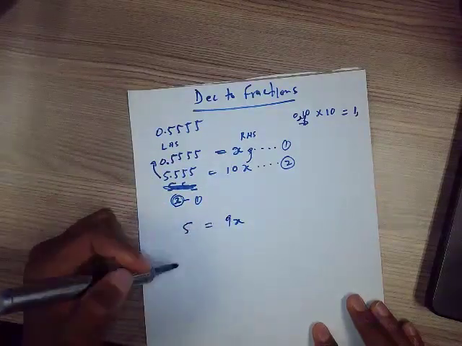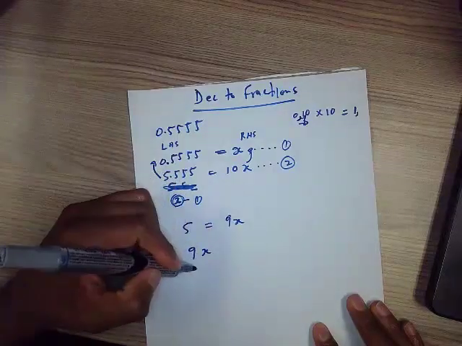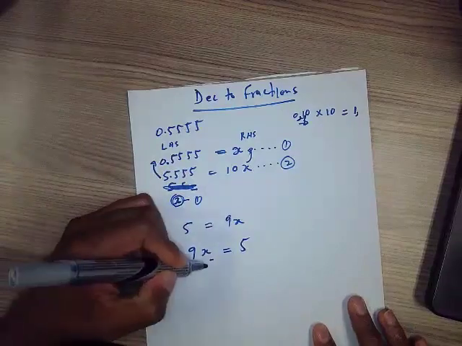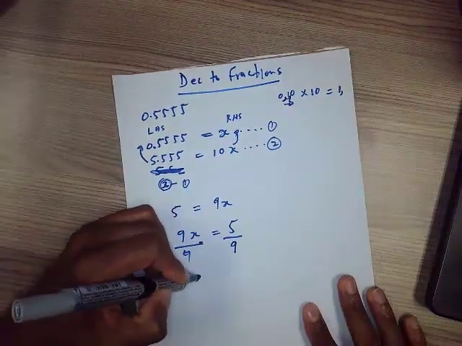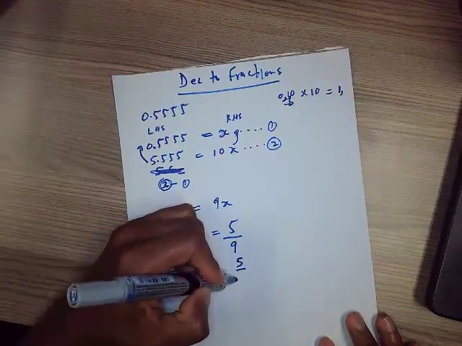So now from here you solve for x: 9x equals 5, and then you divide by 9 both sides, you're left with x. X is equal to 5 over 9.